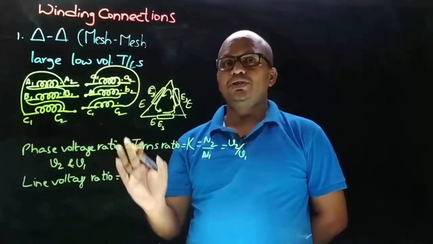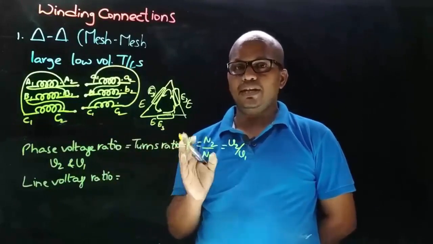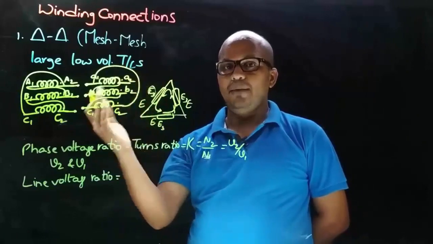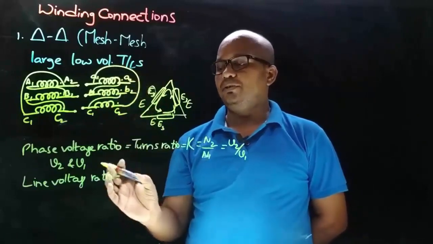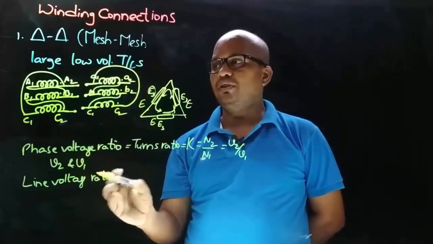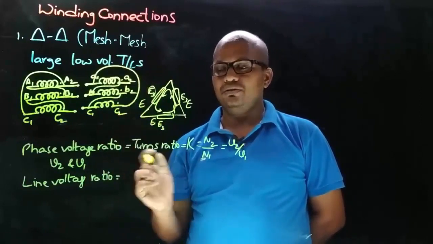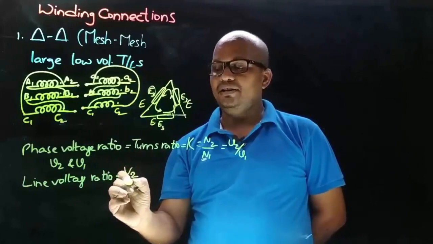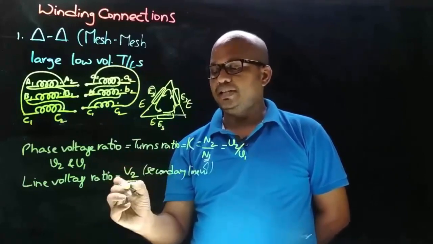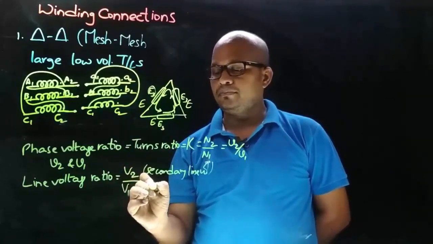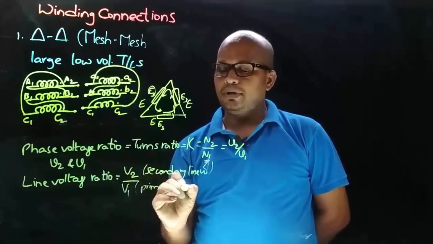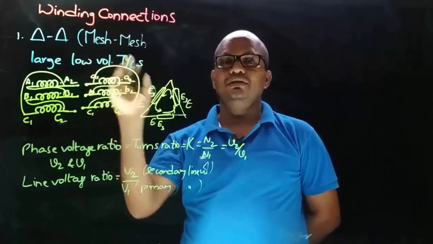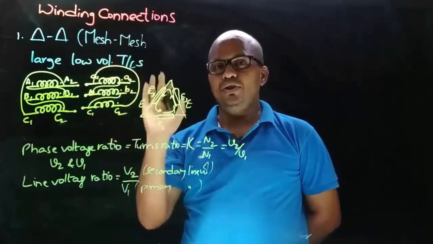But coming to line voltage ratio, can that be taken as equal to K or not? That depends on the type of connection employed. So now let's find out the line voltage ratio for delta delta connection. Let capital V2 be the secondary side line voltage and capital V1 be the primary side line voltage, and we know that in delta connection line voltage is equal to phase voltage.